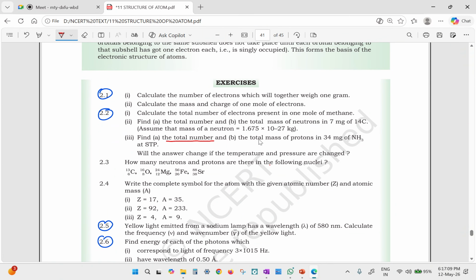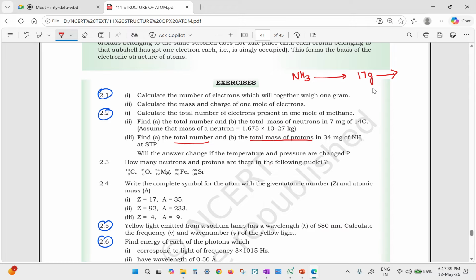Find the total number and total mass of the protons in 34 milligrams of ammonia at STP. Isn't it mole concept? Yes, ma'am. Ammonia NH3's molar mass is 17 grams. The question is about the total number and total mass of the protons.